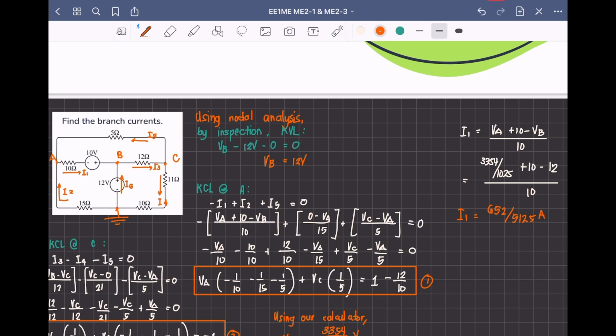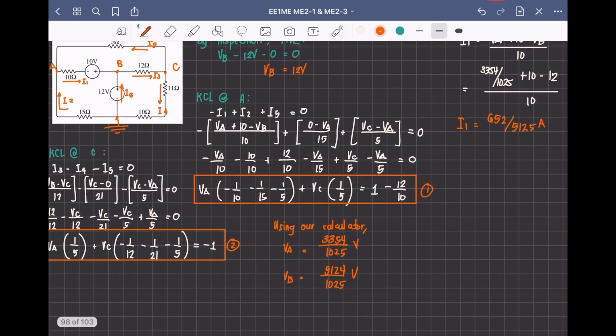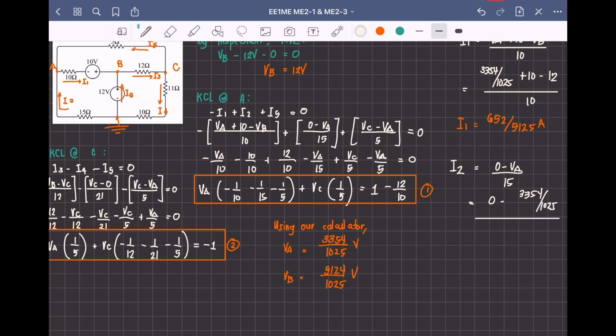Okay. Next, you can now solve for I2. And I2 is equivalent to 0 minus VA all over 15. So substituting our values, that's 0 minus 3354 all over 1025, and then divide that by 15.